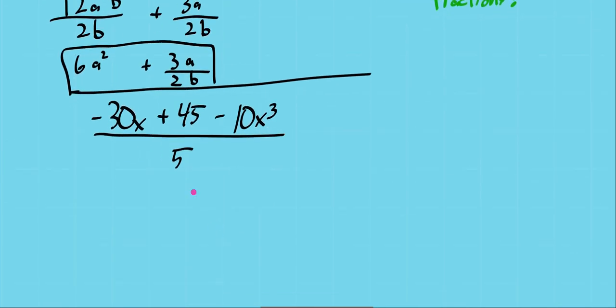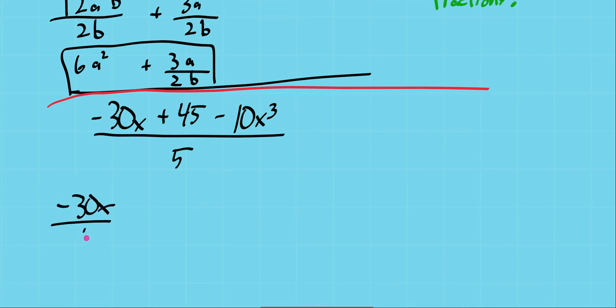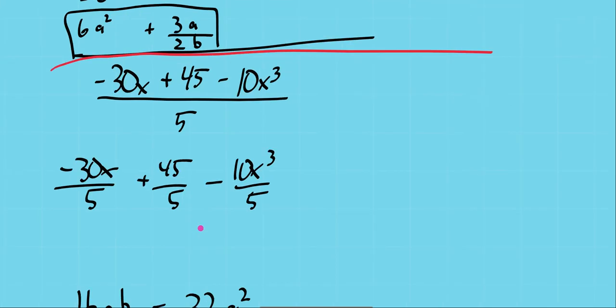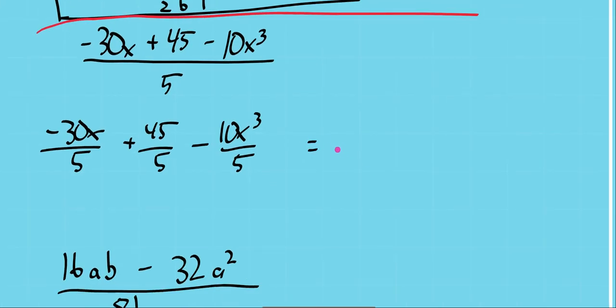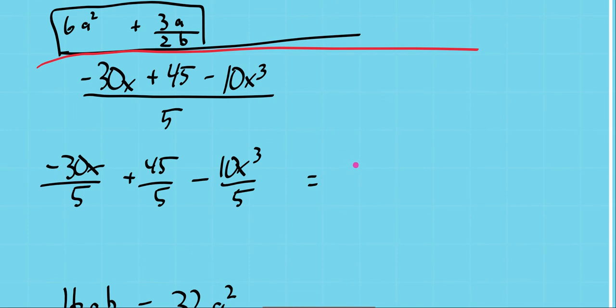Try another one. Just do a line so we know that it's part of a different problem. Negative 30x plus 45 minus 10x cubed over 5. It's the same as negative 30x over 5 plus 45 over 5 minus 10x cubed over 5. So negative 30 over 5 is 6, and x over nothing is just x. 45 over 5 is 9.